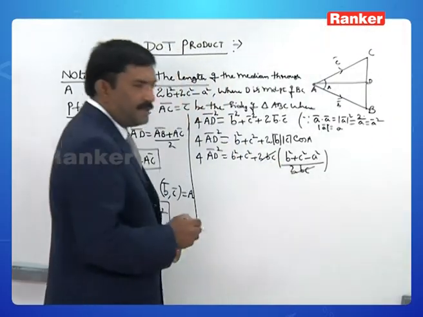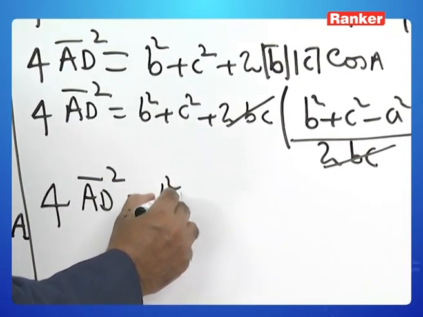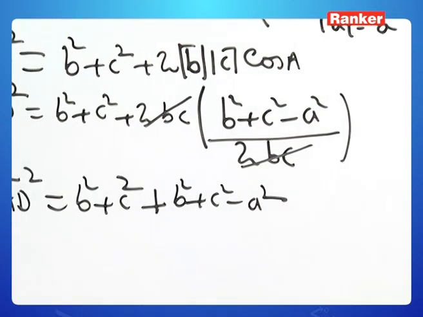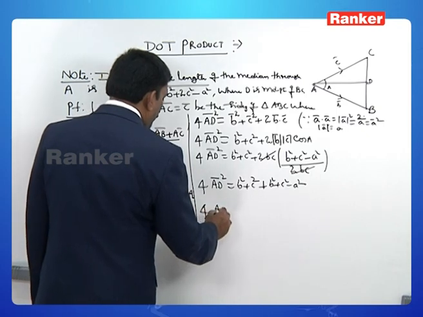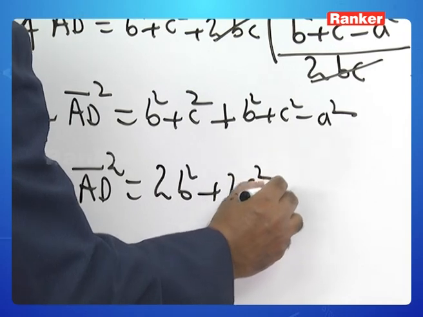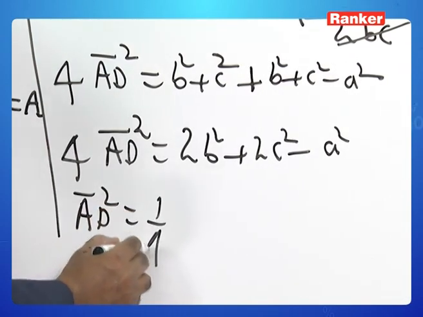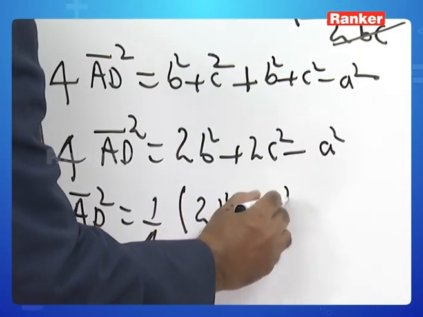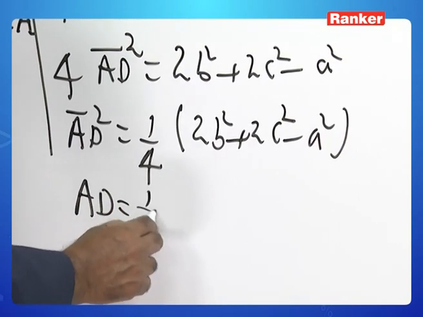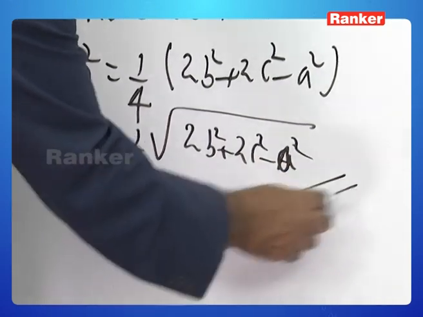These get cancelled. Therefore 4 AD bar square is equal to b square plus c square plus b square plus c square minus a square, that is 2b square plus 2c square minus a square. So AD bar square is equal to 1 by 4 into (2b square plus 2c square minus a square), which implies AD is equal to 1 by 2 into square root of 2b square plus 2c square minus a square.